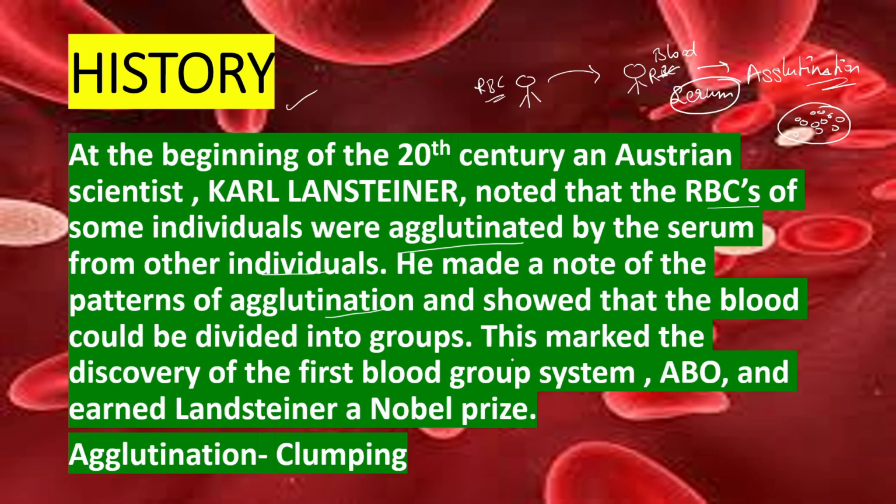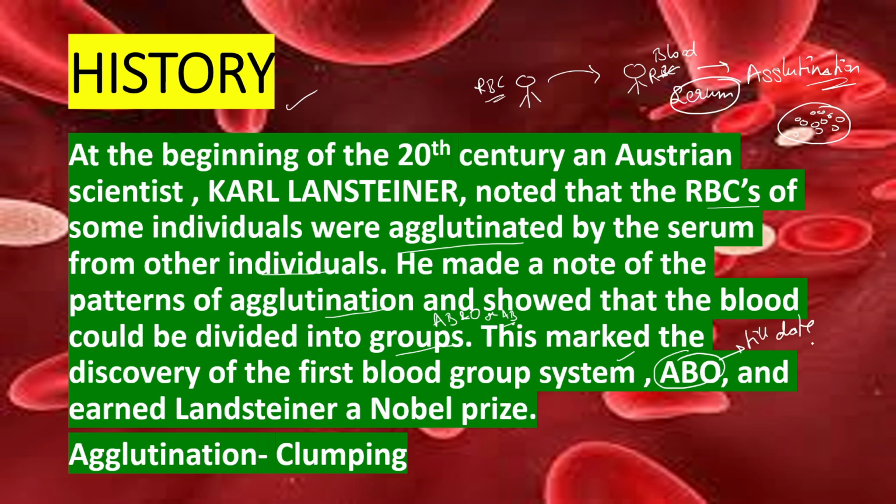And we already know in modern science that the blood groups are A, B, O, or AB. This marked the discovery of the first blood group system, known as the ABO blood group system, which we are following to date.